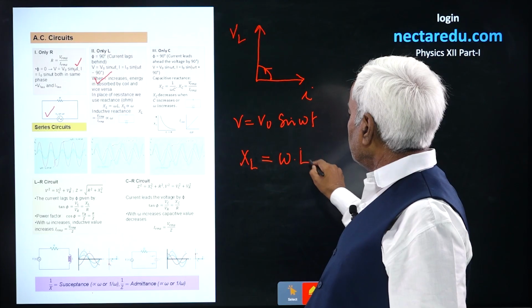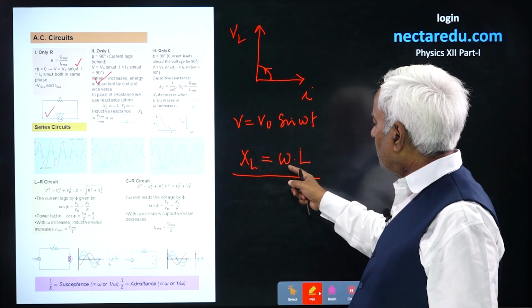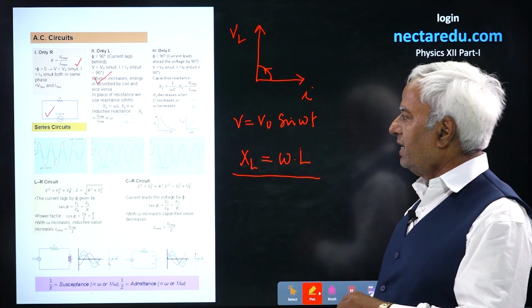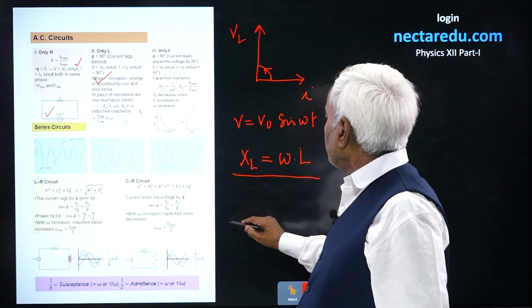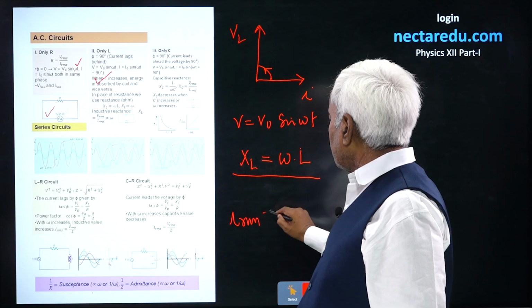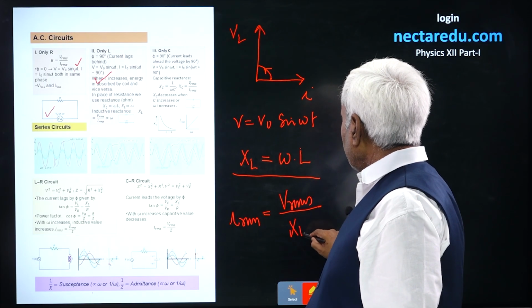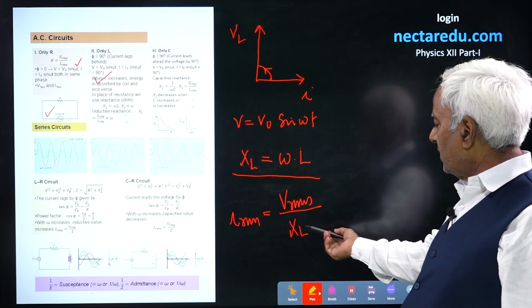Empirically we find that the reactance here comes out to be omega into L. You are already aware omega is angular frequency and L is self-inductance. So when you want to find the current in the circuit, the formula is going to be this one. In place of resistance, you are going to have XL.